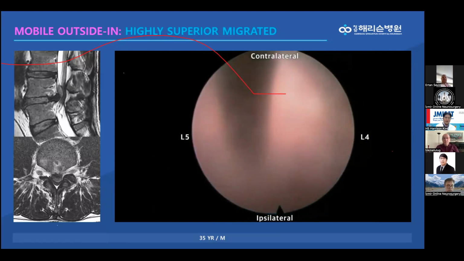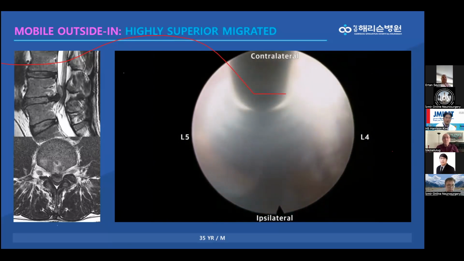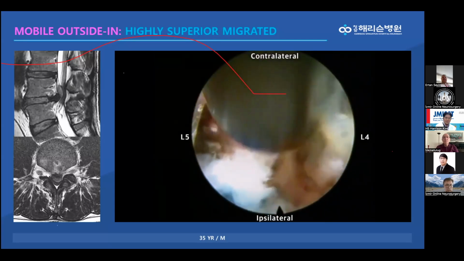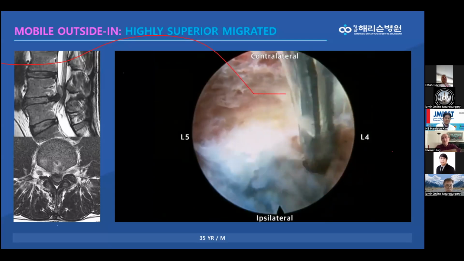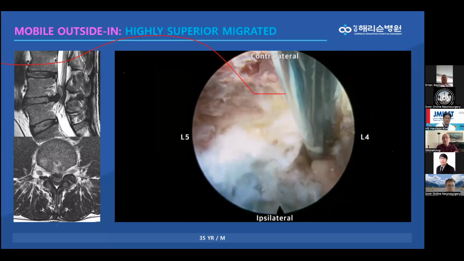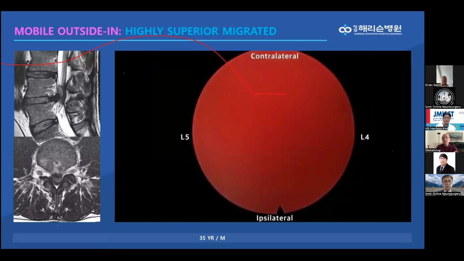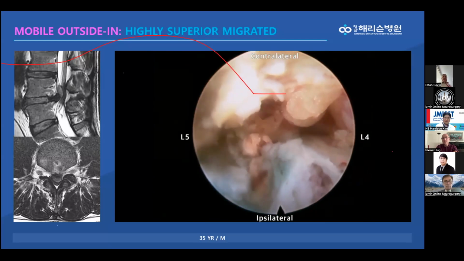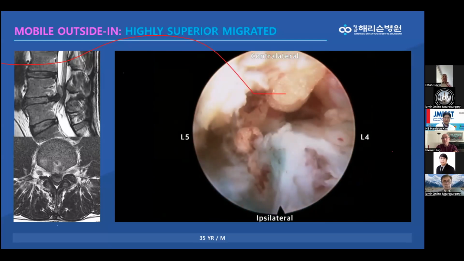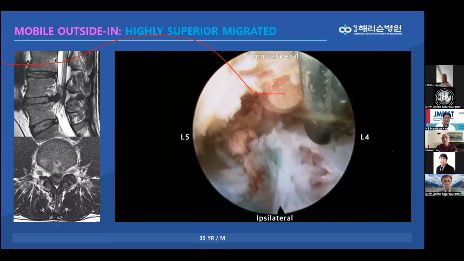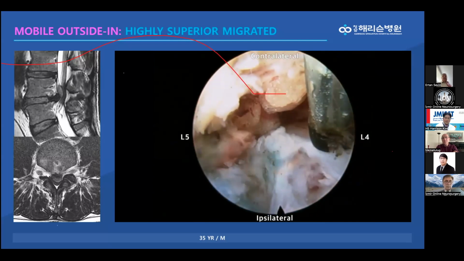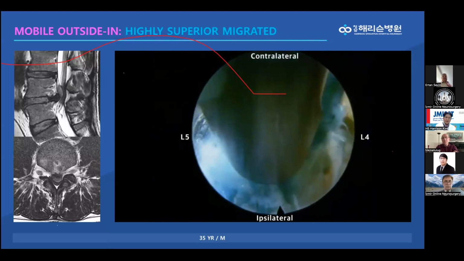Then some drilling of the superior articular process tip area, the foraminal root area, is needed.